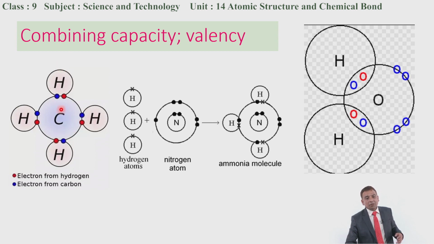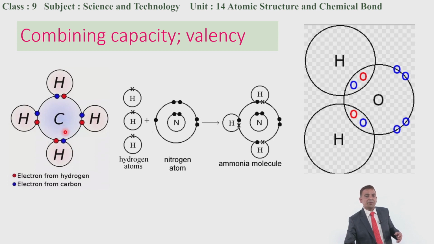But one carbon atom is sharing electrons with 4 atoms of hydrogen: 1 electron from this hydrogen atom, 1 from this one, 1 from this one, and similarly 1 from this one.